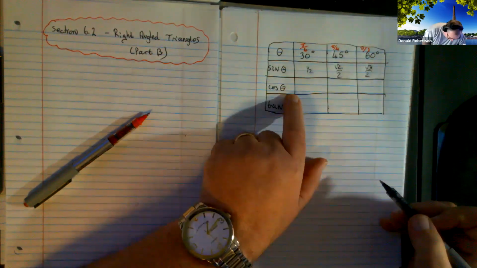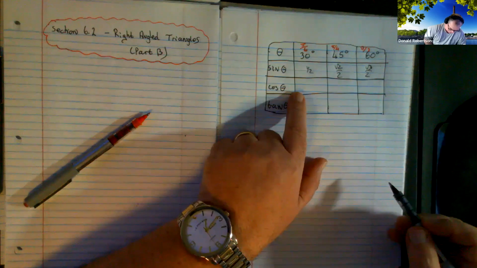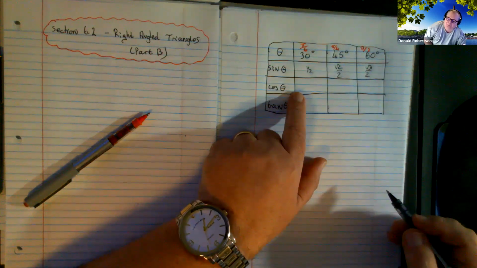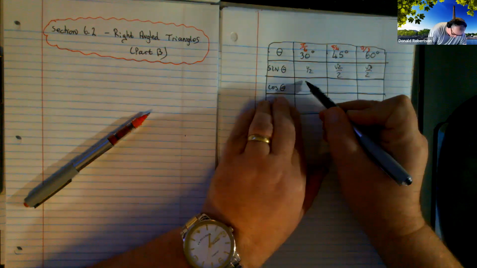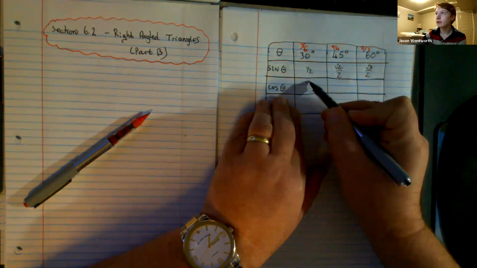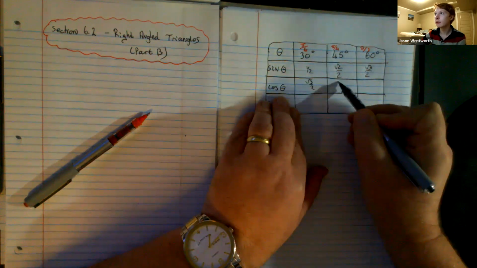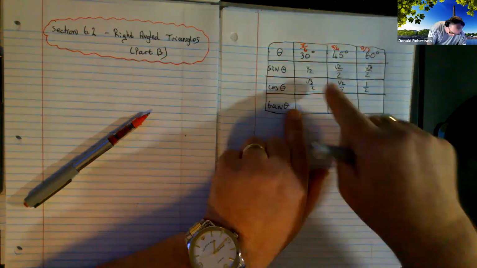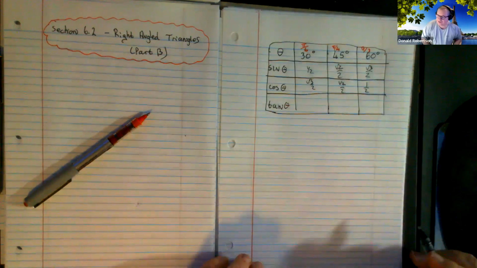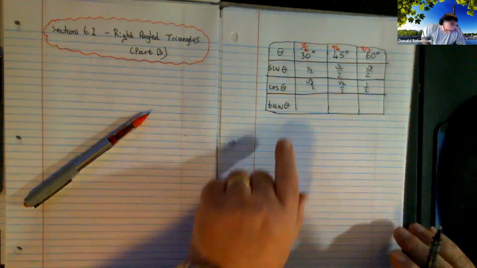Okay, what's the cosine of 30 degrees? Square root of 3 over 2. This is root 2 over 2, and this is 1/2. Do you notice that these are the same guys but switch places? Right.